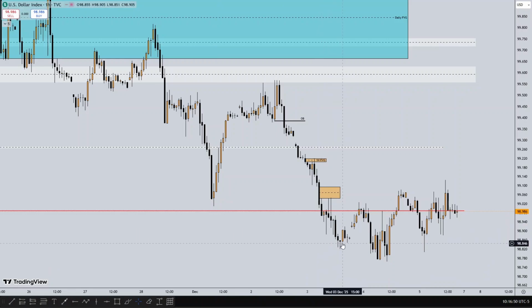On Wednesday, retracement, Thursday, run on Wednesday's low, retracement, and on Friday, took out Thursday's high, retracement back to the range.